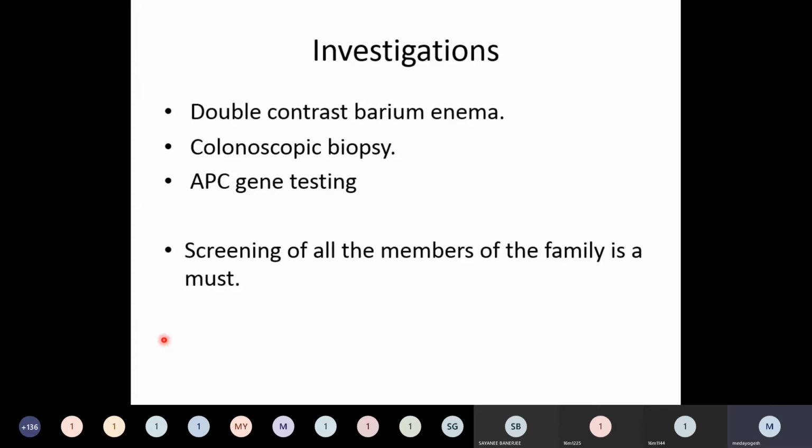So the patient has to be subjected to testing for this adenomatous polyposis coli gene, and if the gene is positive, it is 100% sure that the patient has FAP and needs treatment in the form of surgery. And as I already mentioned, screening of all members of the family is a must. All the family members have to be screened for this mutation in the APC gene.